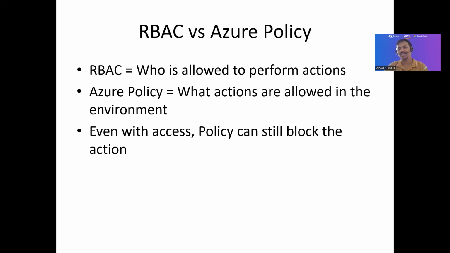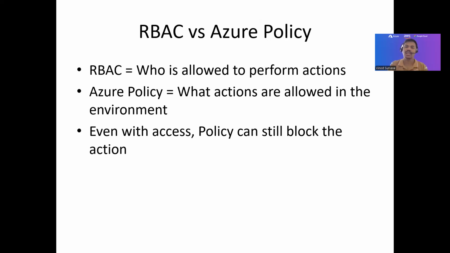Now, next is RBAC versus Azure Policy, right? Both of these are different capabilities. They serve different purposes and provide different ways of handling access levels and enforcing controls, right? RBAC is about who is allowed to perform certain actions, while Azure Policy controls which actions are allowed in the environment.